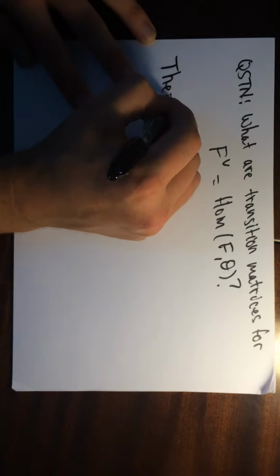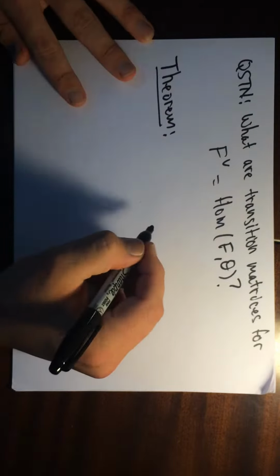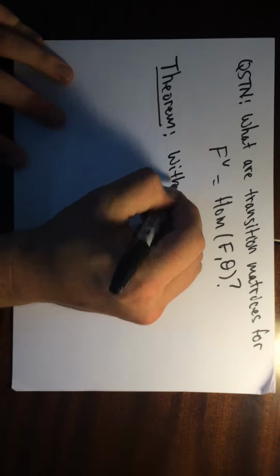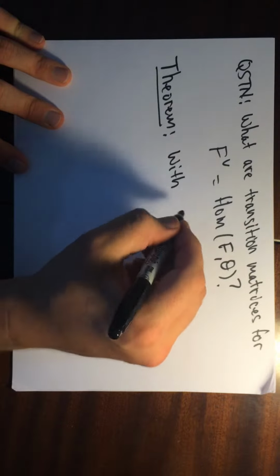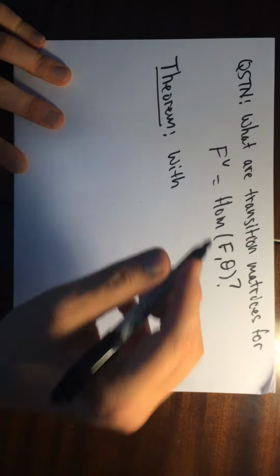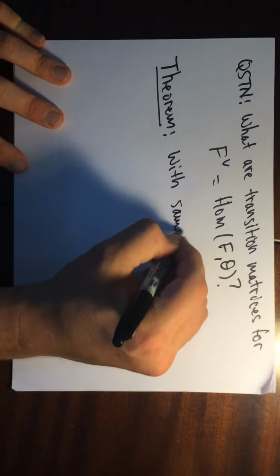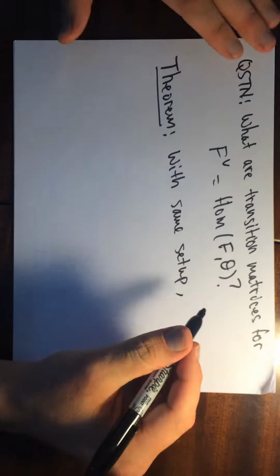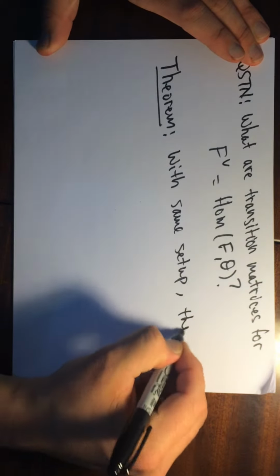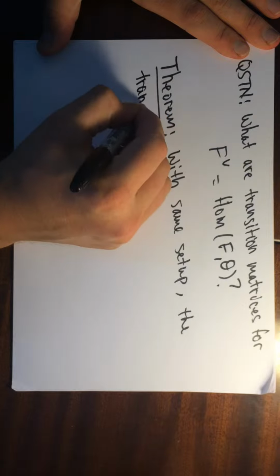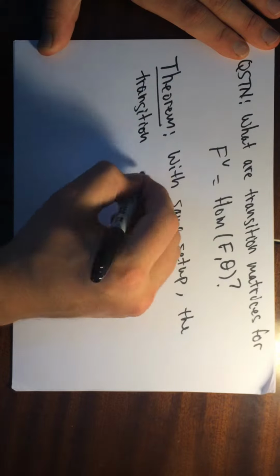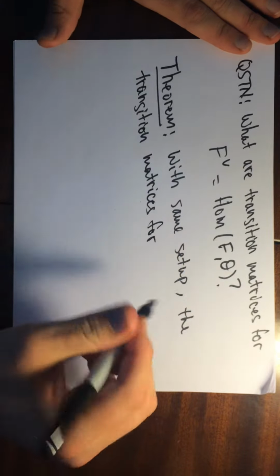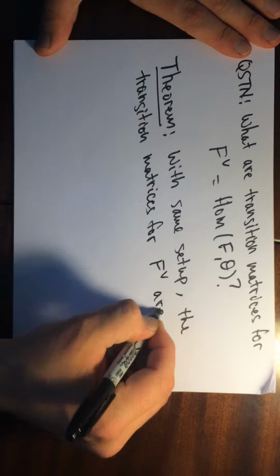I'll call it a theorem, but it's really not too big of a deal here. It says that with U_i being the same open cover, and with the same setup, the transition matrices for F dual are the following.